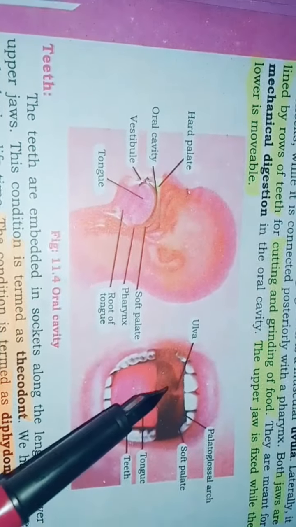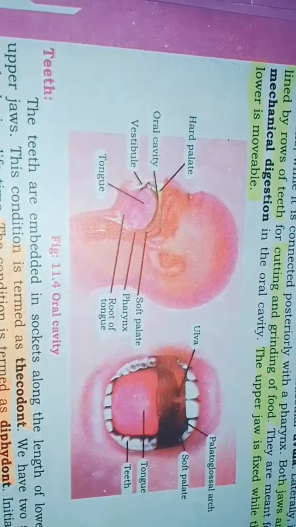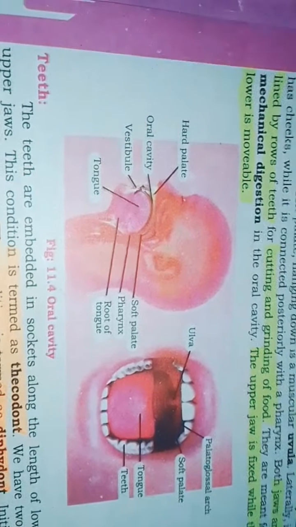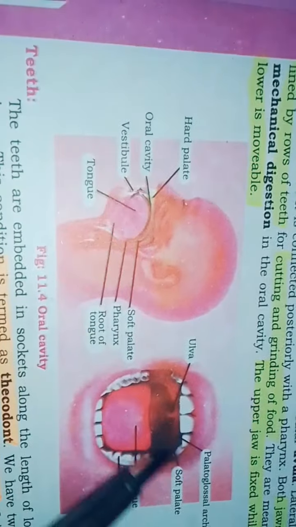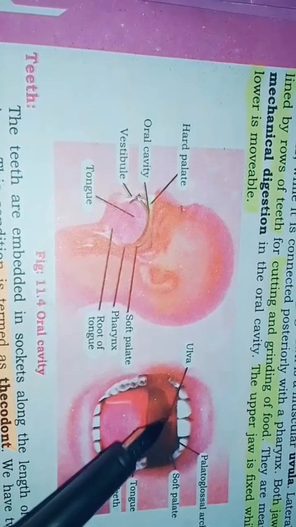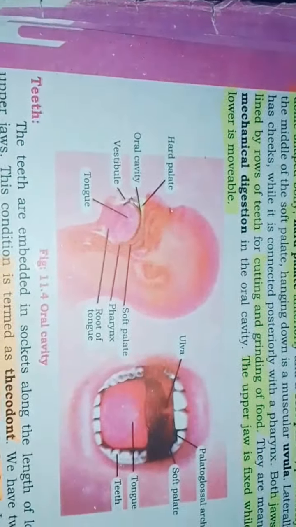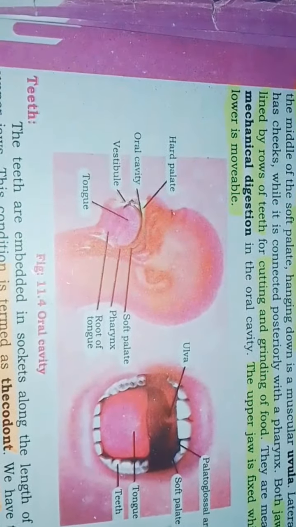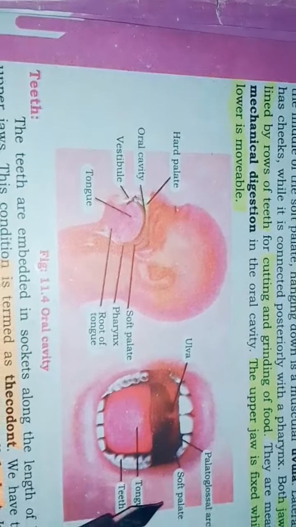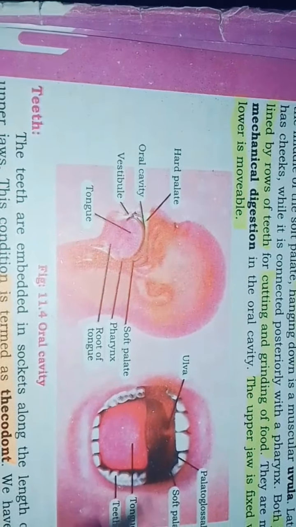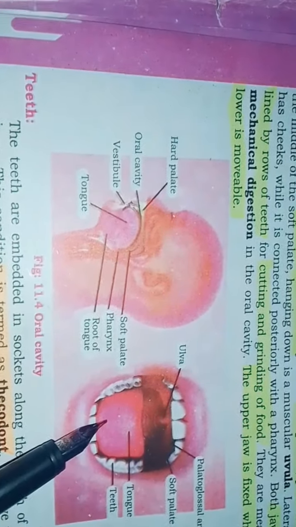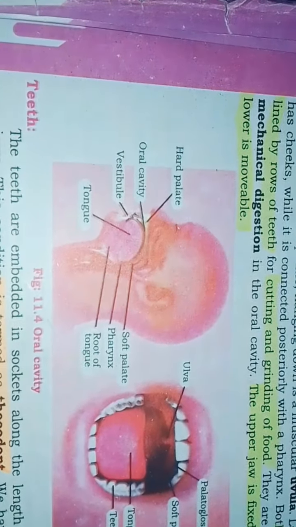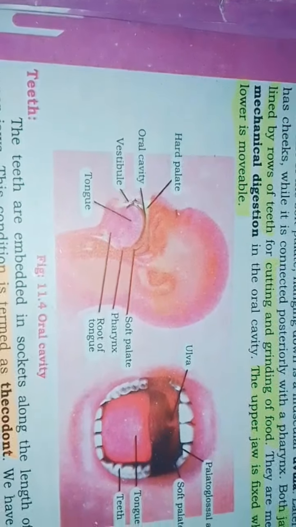The uvula is the bell-like structure we see when we open our mouth. It is visible here, and it is basically a fleshy structure, and the palatoglossal arch helps provide support to the uvula. The uvula moves so we can easily swallow our food.